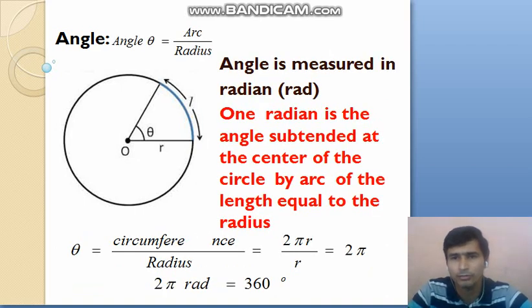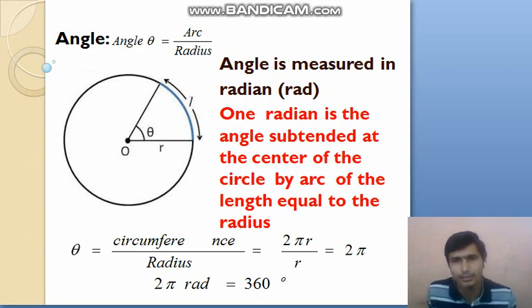Now the angle is also measured in radians. In physics, the angle is most often measured in radians. Radian is the SI unit of the plane angle. What is the 1 radian angle? 1 radian is the angle subtended at the center of the circle by an arc which has a length equal to the radius of the circle.